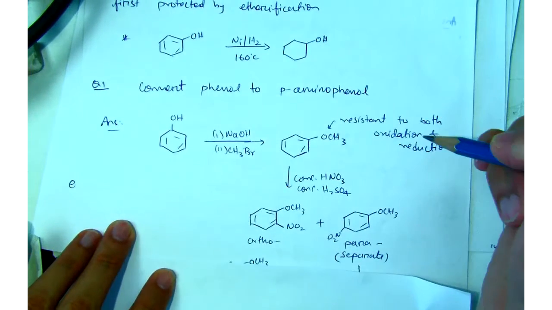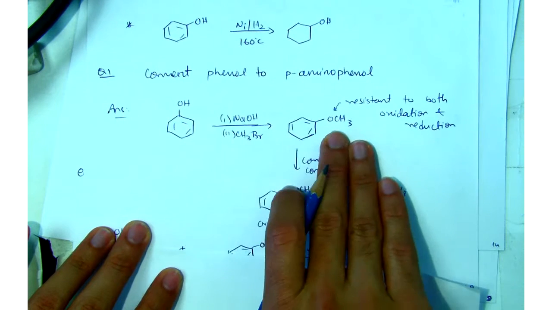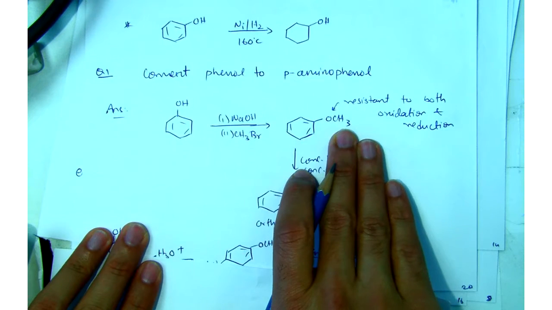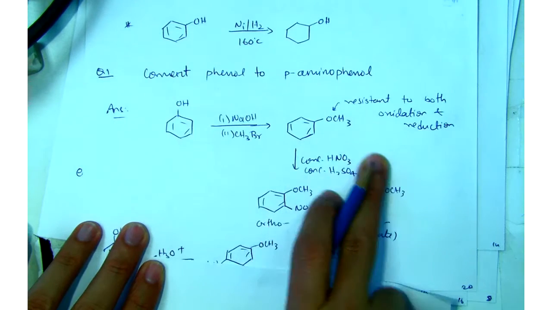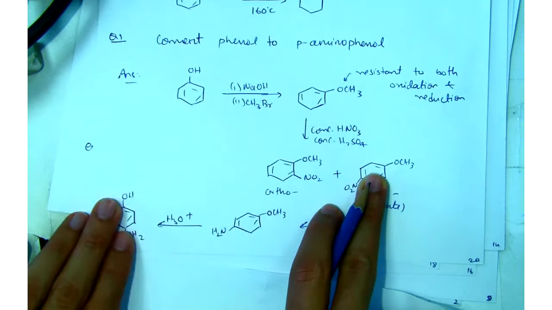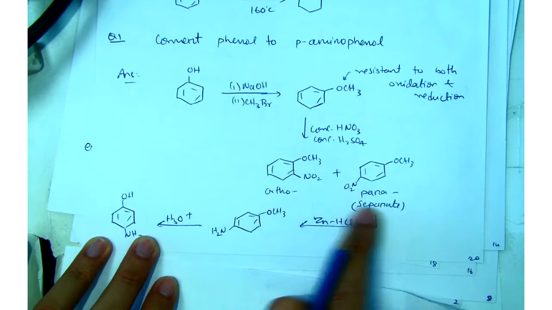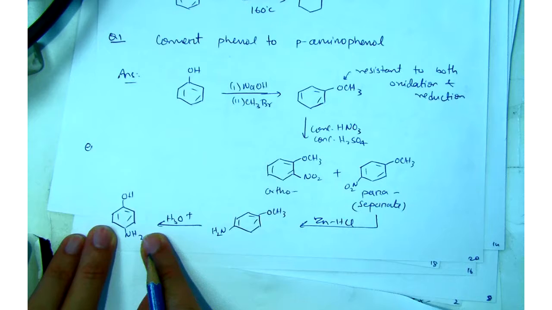So what is generally done is you convert it to OCH3, which is again like a protecting group. Then you add the nitrating agent, separate the ortho and para, then reduce that to NH2 and again get back the OH group.